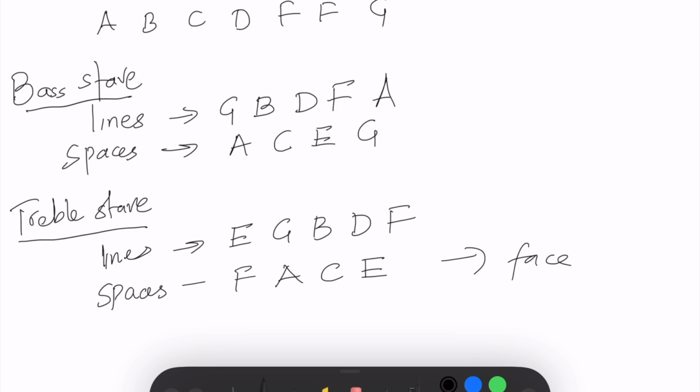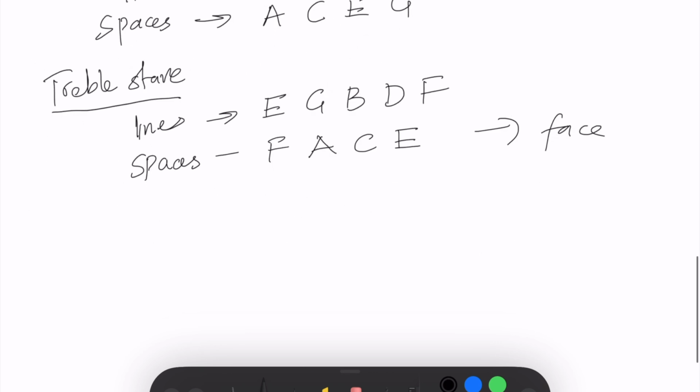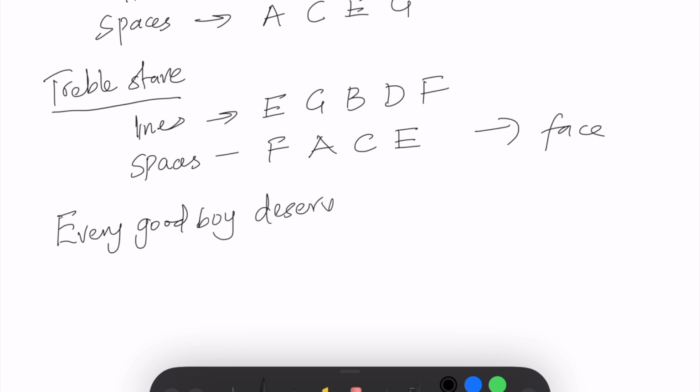And what are the lines? E, G, B, D, F. And usually I'll say every good boy deserves Fanta. I don't know if you drink Fanta, but I love Fanta a lot.